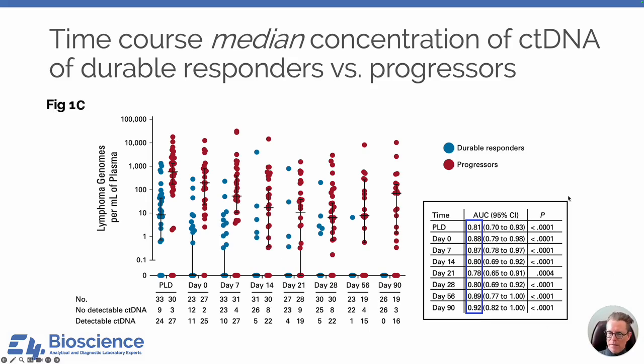And that lines up with all of these p-values here. So the simplistic analysis of this is that progressors generally have a statistically higher count of lymphoma genomes per mil of plasma than do durable responders. And again, just a reminder to everybody that these counts here are representative of the number of dots that are supposed to be here.